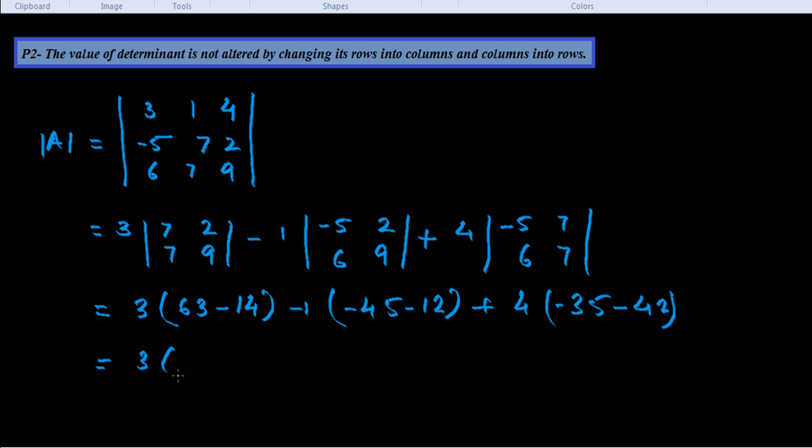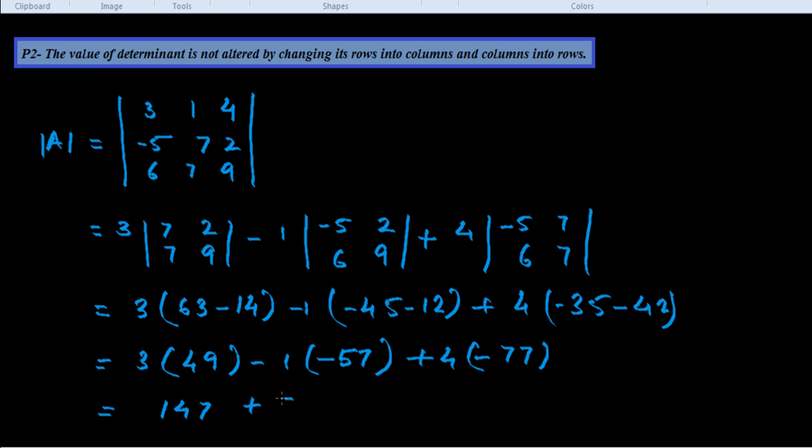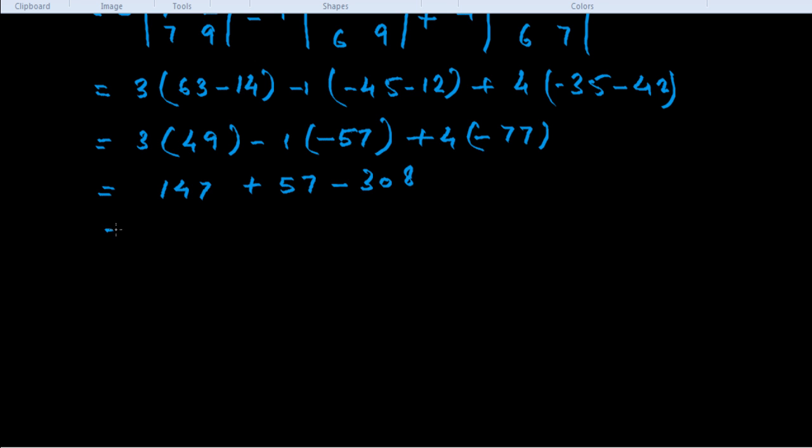Simplifying: 3 times 49 is 147, minus 57, and plus 4 times -77 is -308.